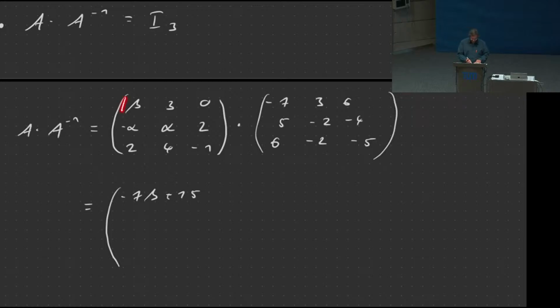Then for the second entry, again, we just do the first row here. That will be first row times second column. So we get 3 beta minus 6 plus 0. And finally, we get 6 beta minus 12 plus 0. So that's the first row.